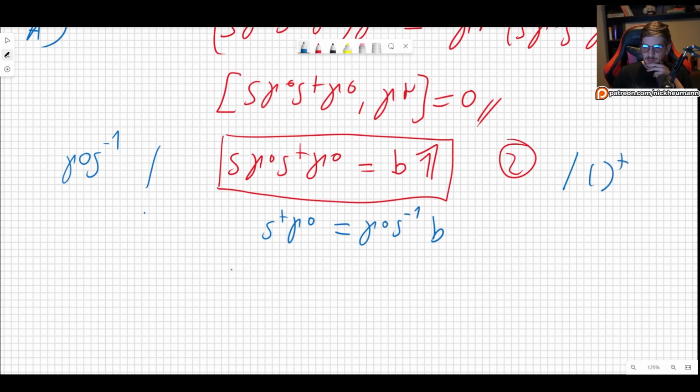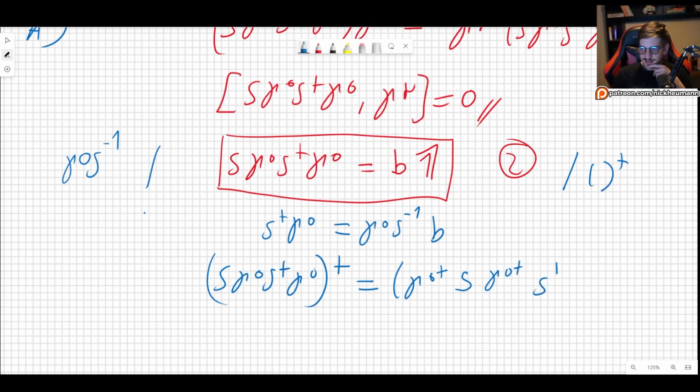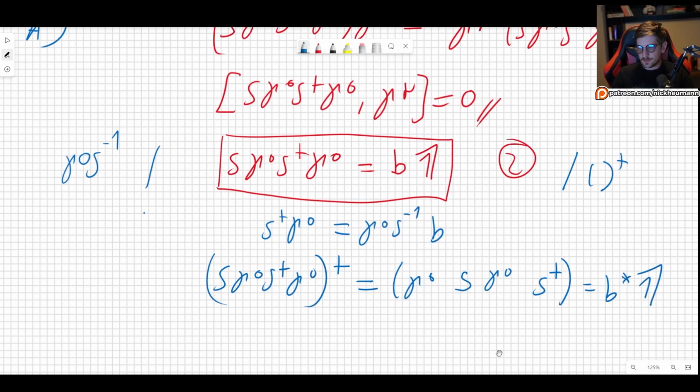We get gamma 0 dagger, then S dagger dagger, which is S, then gamma 0 dagger, then S dagger. But of course, gamma 0 dagger is simply gamma 0. And on the right-hand side we get simply B conjugate times the identity matrix.